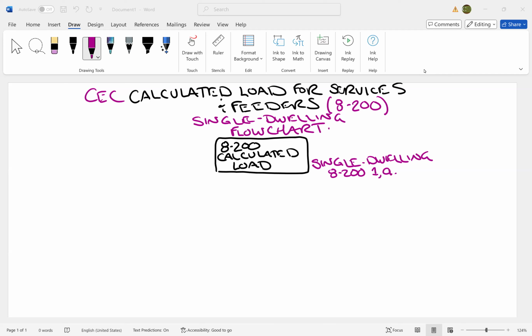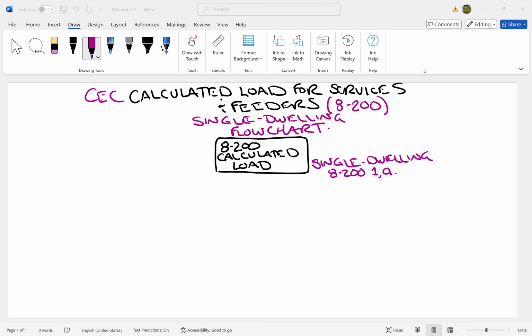If you have an energy management system, then you're going to look at Rule 8.106.11 for that factor, which will be in watts. And this one, of course, is in watts.